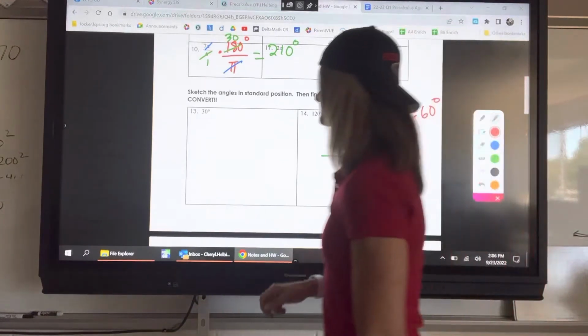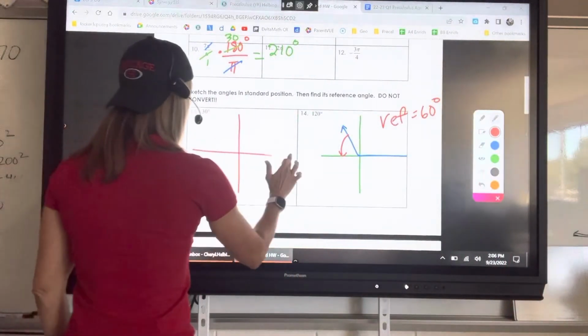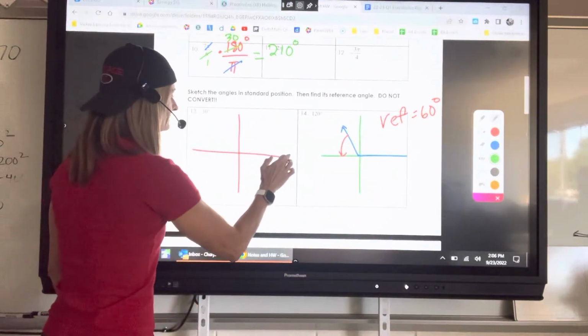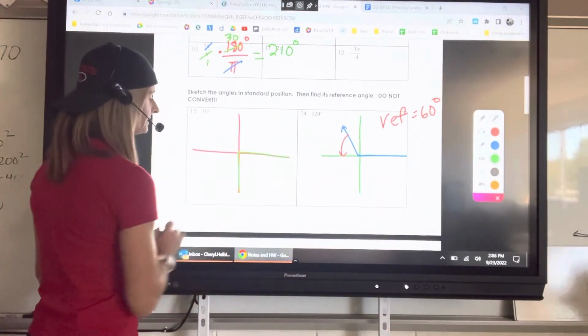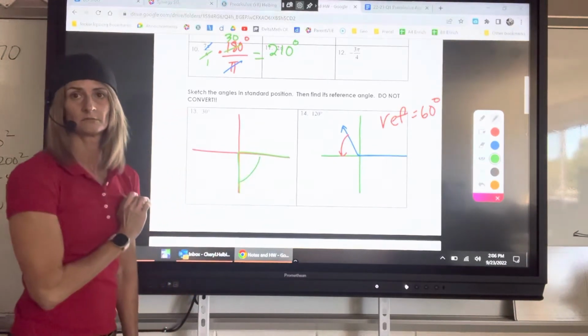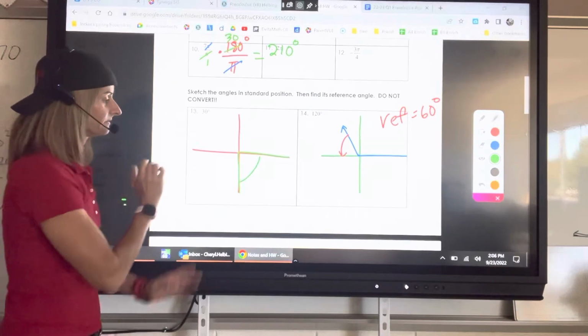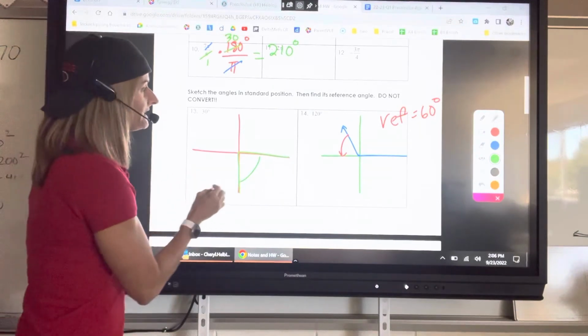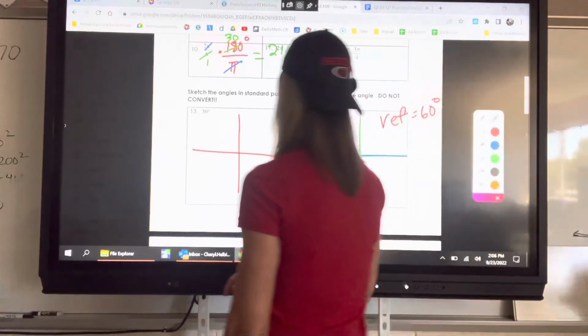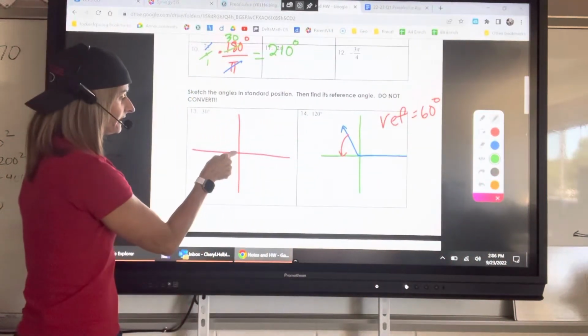Now let me give you a quick summary, okay? If you get an angle that's, I don't know, let's say it's 270 down here, okay? You can have reference angle up to 90 degrees. So you can think that would be 90 degrees. Let's say the reference angle ended in the third quadrant, somewhere down here, okay?